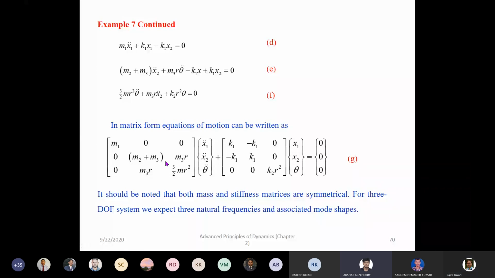Okay. And sir, are this mass matrix and stiffness matrix always symmetric, or for this case only? No, for our systems they will always be symmetric. In some special cases they are not symmetric, but most of the cases which we'll be dealing with will be symmetric, and that has meaning, because once they are symmetric, the natural frequencies, or whatever roots we get, will be real.